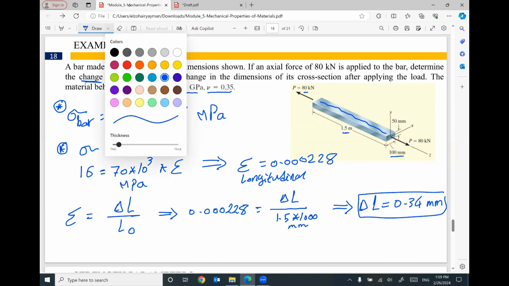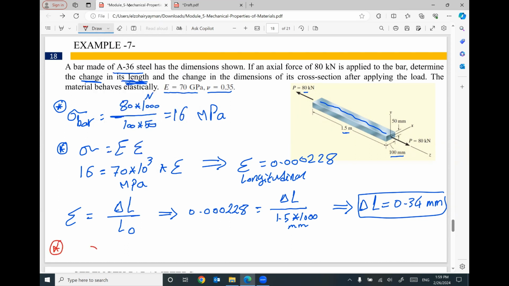Keep in your mind, your nu, which is the Poisson ratio, equals lateral strain divided by longitudinal strain. So the Poisson ratio is given, 0.35. Lateral strain is unknown. Longitudinal strain is 0.00228.